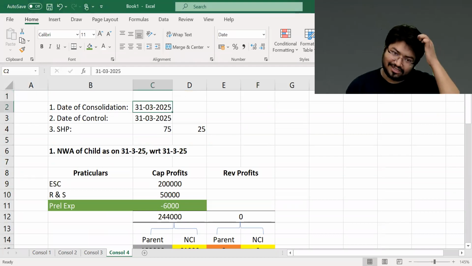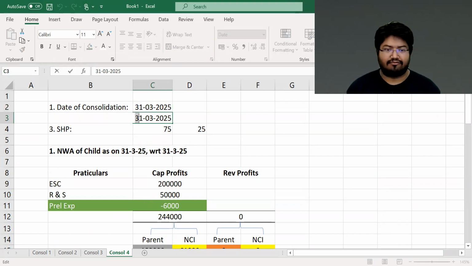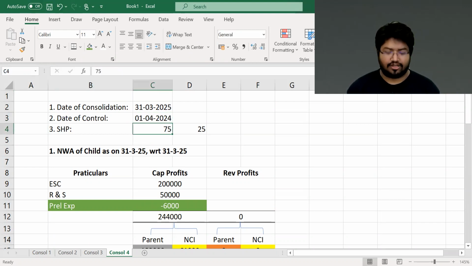So 31st March 25 is the date of consolidation. Start with the 3 bullet points required. First bullet point is date of consolidation, 31st March 25. Second bullet point is 1st of April 24. And shareholding pattern is 60-40.